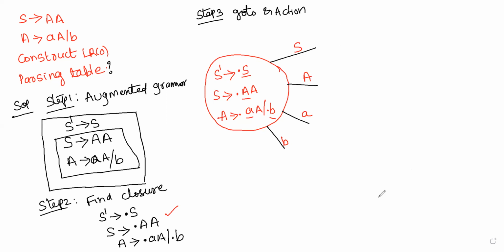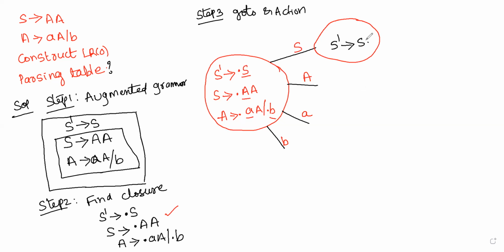Now I am going to find the goto values. Here the goto of S dash tends to dot S is S dash tends to S dot.